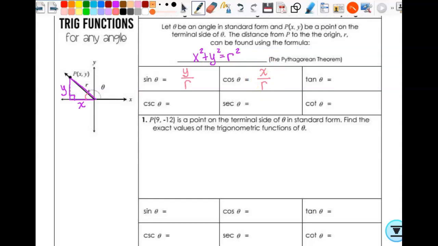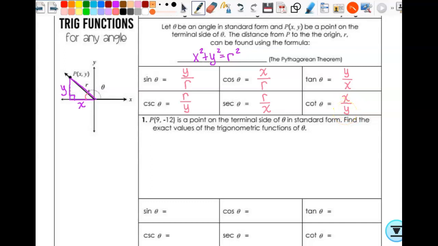And tangent is still y over x. The r's would cancel out if we simplified all that. Cosecant is still the reciprocal of sine, so it's the radius over y. The secant, still the reciprocal of cosine, so it's the length of the radius over x. And cotangent is x over y, right?